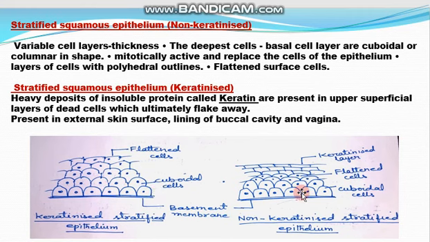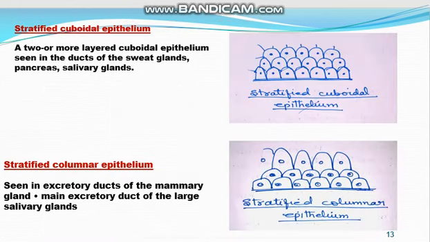Again here, this is the basement membrane, these are cuboidal cells, this is flat cells, and this is the keratinized layer. So these are the two types of the stratified squamous epithelium. When we have keratin, we call it keratinized layer, and when we have no keratin, we call it non-keratinized layer.